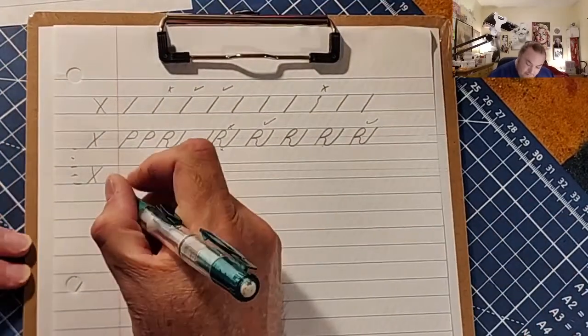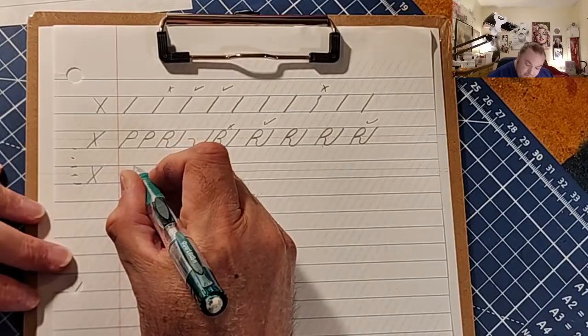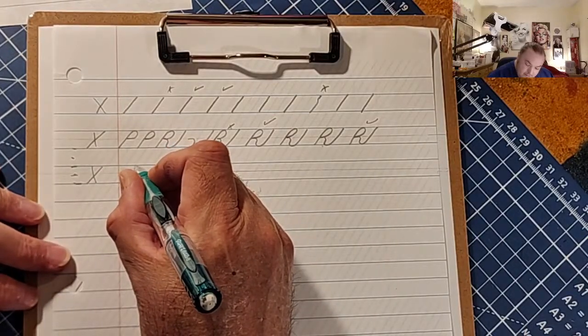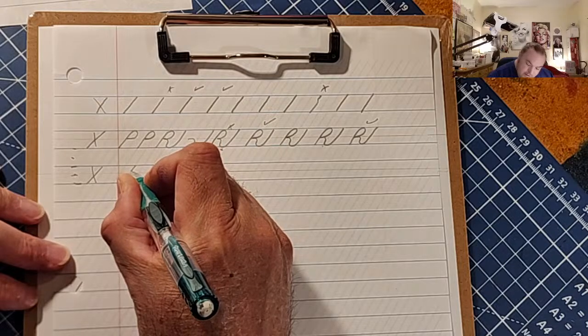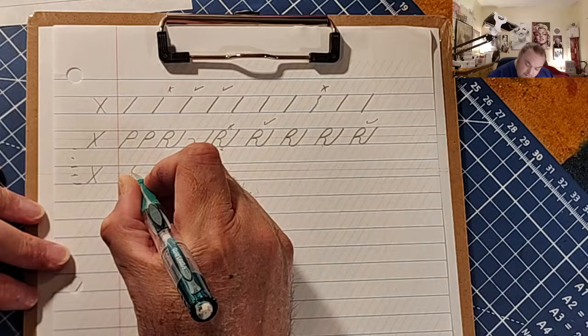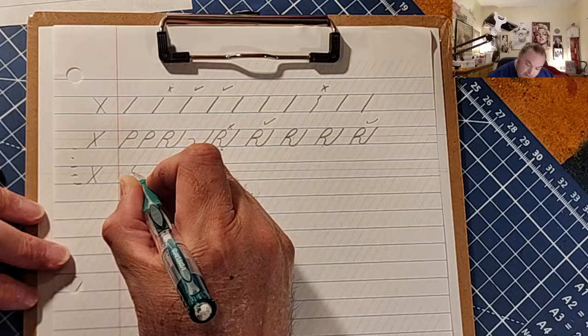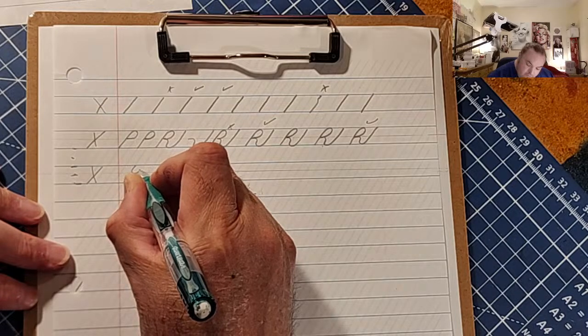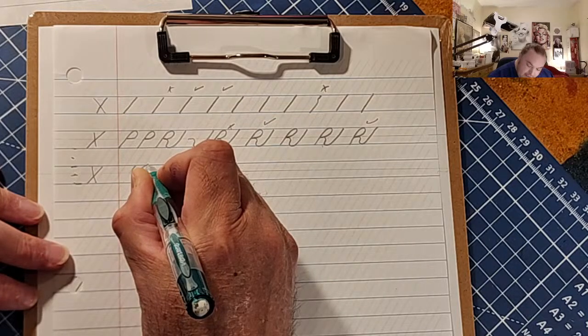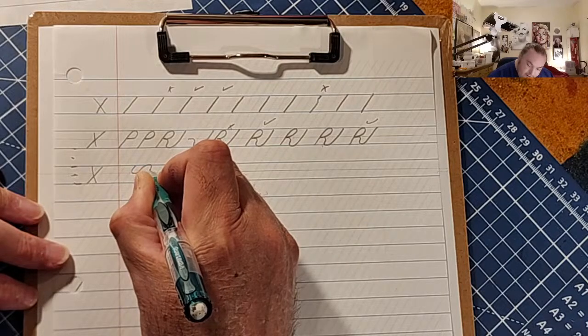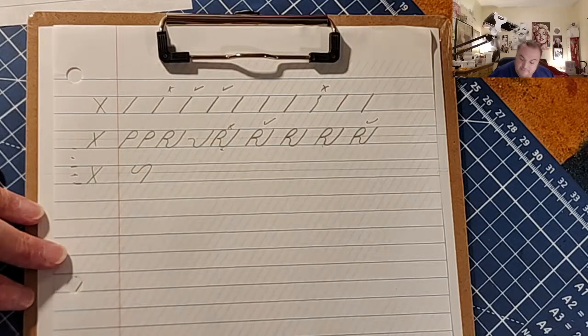Okay, so we would be coming from the X height to the quarter height, curve back up to the X height, around, and then down to the baseline.